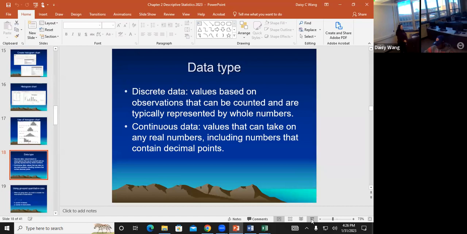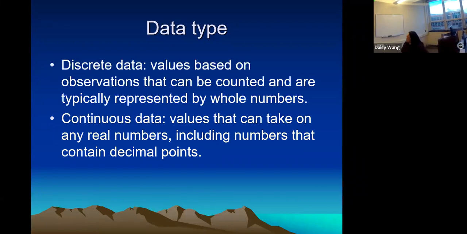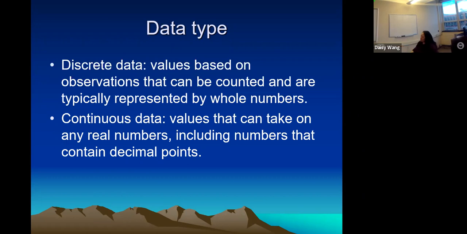So because of that, we actually have two different types of data. One is called discrete data, and with discrete data you can usually count it as an integer, as whole numbers. And then we have continuous data. So sometimes they have decimal points.